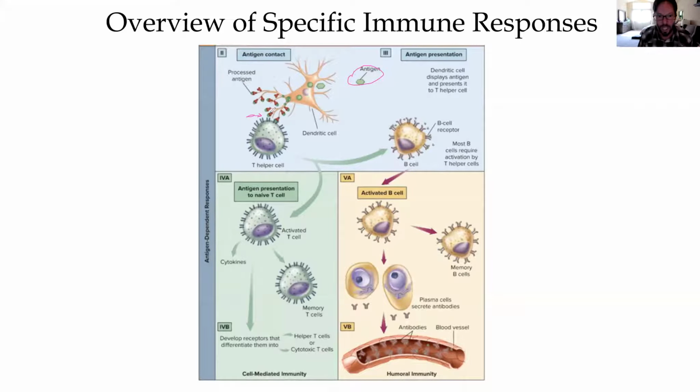It's gonna display that using different receptors. So the toll-like receptors are to bring in the antigen, and then we'll talk about the receptors they use to display it. They're called MHC receptors. They display it to the T cell. The T cell, in this case, it's a helper cell. It's going to say, hey, B cell, check out what the dendritic cell just sent me.